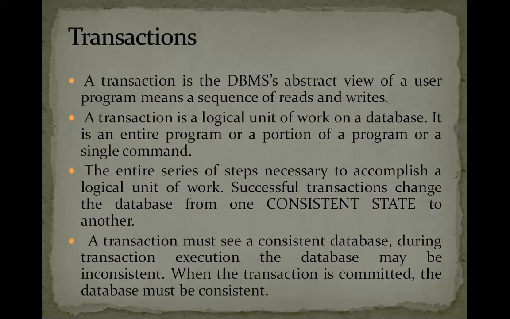Now, the database system must ensure the proper execution of the transaction even if there is any failure. Despite any failure, either the entire transaction should execute, or none of it does.